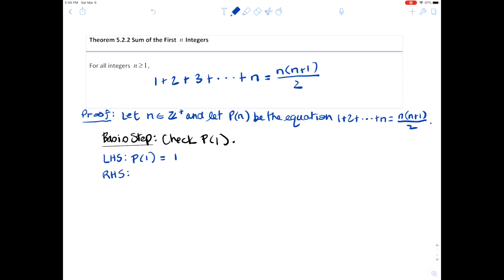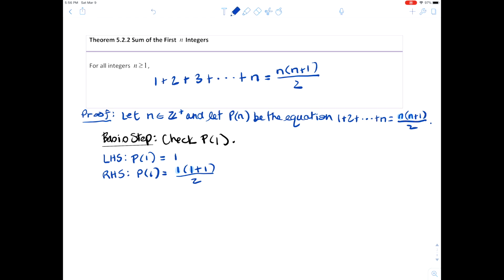Well, P of 1 is going to be 1 times 1 plus 1 all over 2. And I'm looking over here at P at n on the right-hand side. That's where we're plugging in the n's, all right?